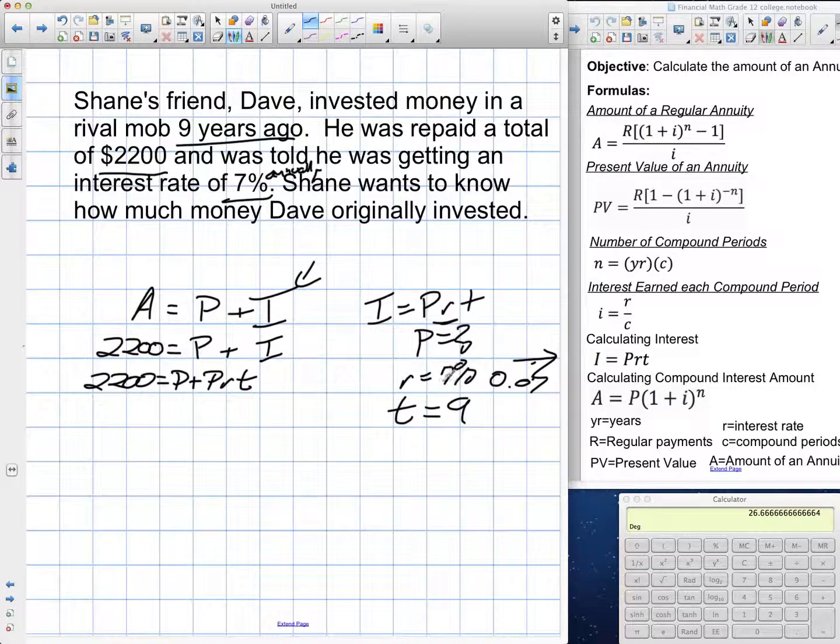We just divide by 100. 7 divided by 100 is 0.07. So to solve this, $2,200 is equal to principal we don't know, plus the principal we still don't know, times 0.07 times 9. Now, we've kind of got a problem here. I have two P's, and I'm trying to solve.